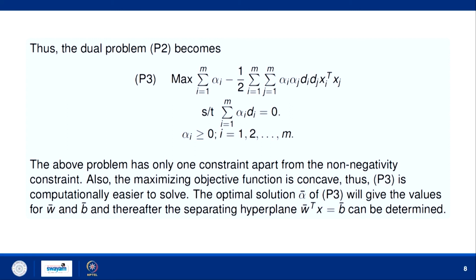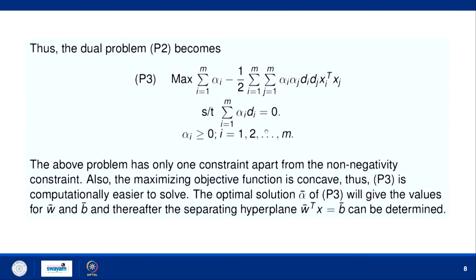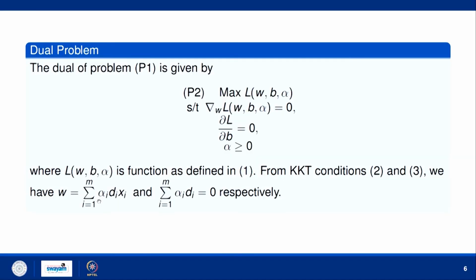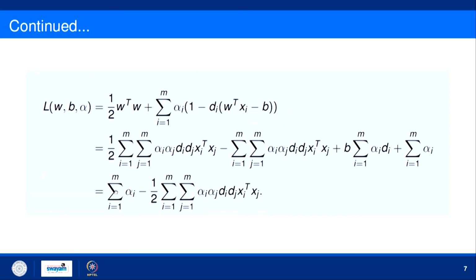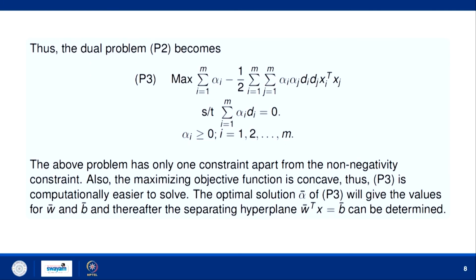So, if you want to find the optimal separating hyperplane W transpose x equal to B, after solving this dual problem we find alpha bar, using alpha bar we find W bar, and then from the other conditions we find B bar, from which we get W bar transpose x equal to B bar, the optimal separating hyperplane.